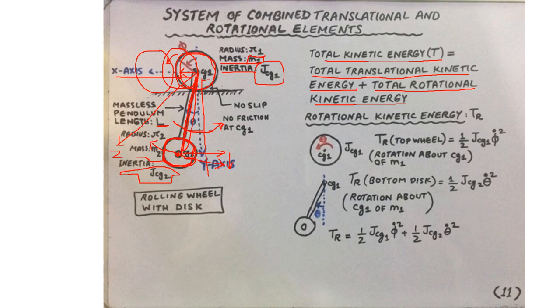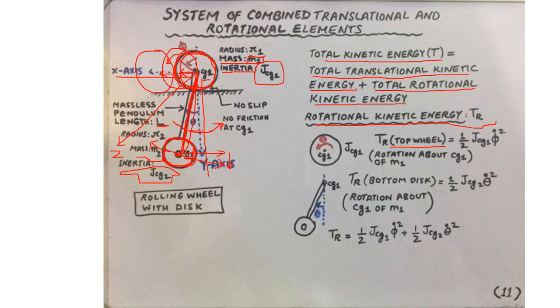So right now, should we want to write down the expression of rotational kinetic energy, then what are its components? Well, one component is the rotational kinetic energy of the top wheel. The top wheel is going to rotate about its center of gravity as it rolls along the x-axis.